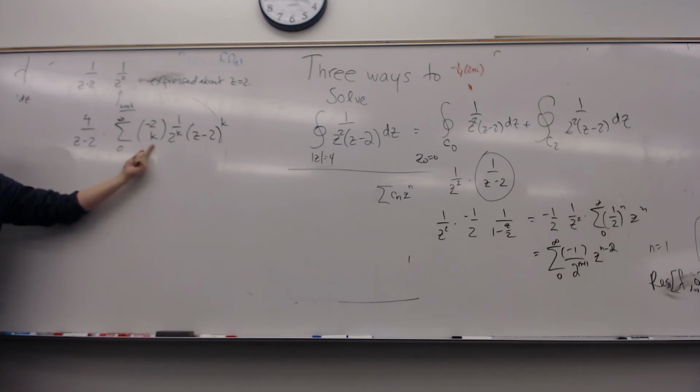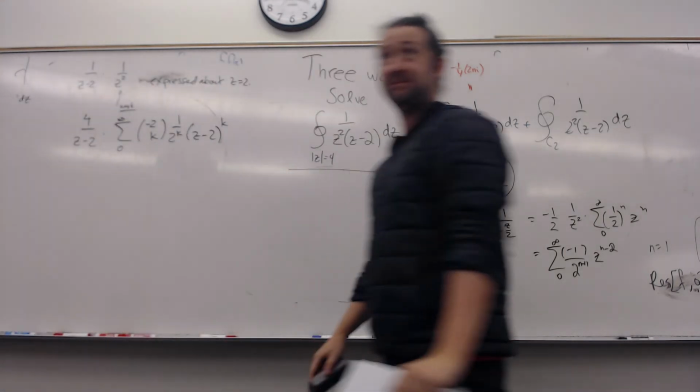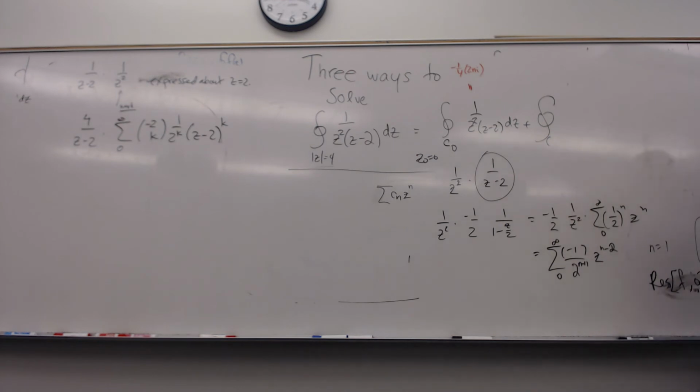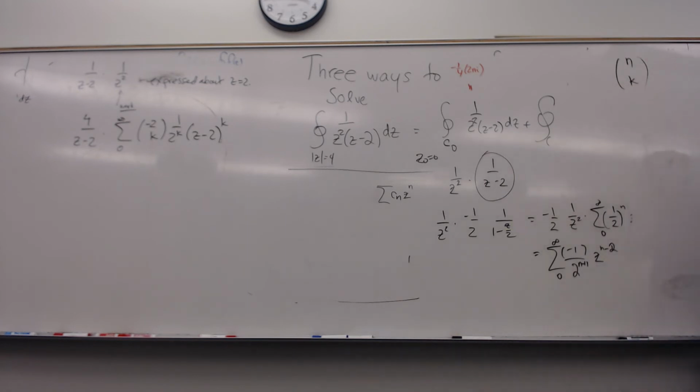You've never seen this before? Oh, the binomial series. How did I write combinations with a negative number up top? N choose k is actually a defined formula for any n.